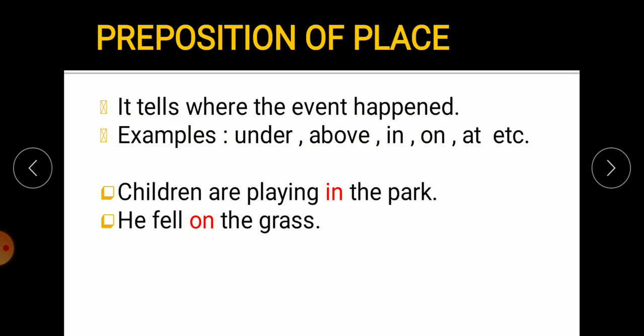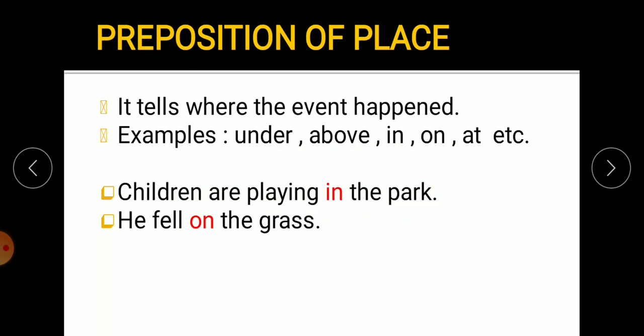If the prepositions are indicating that, they are the preposition of place, right? Words like under, above, in, on, at, they show where that event is happening, वो काम कहाँ पे हो रहा है.